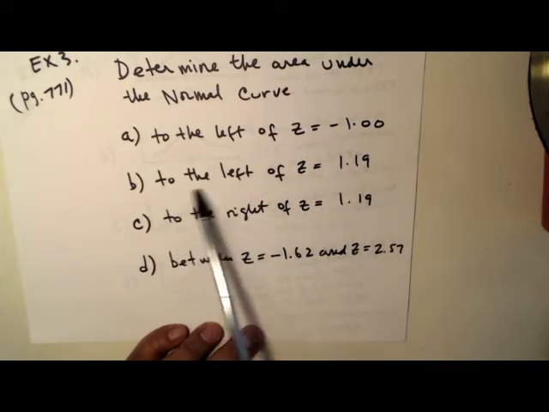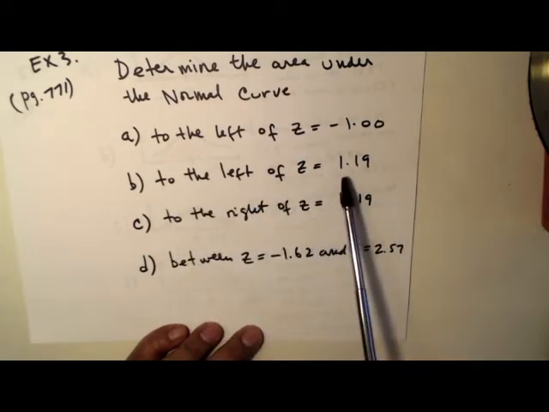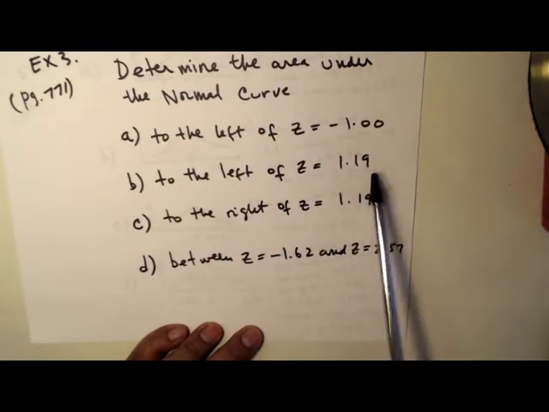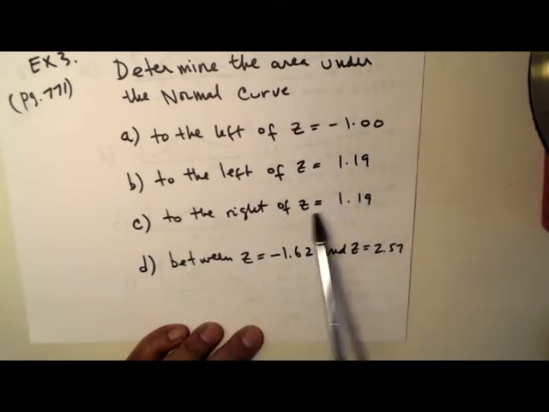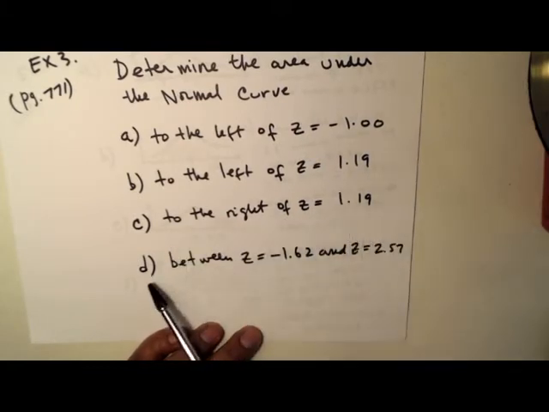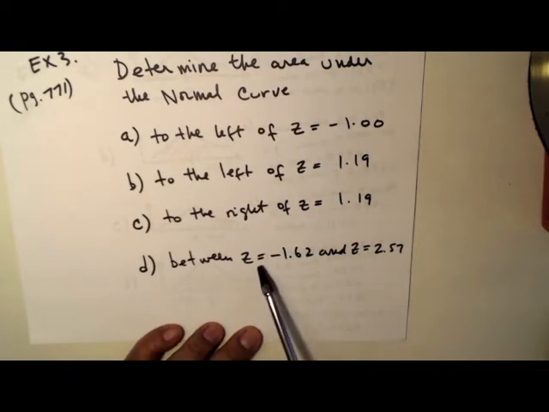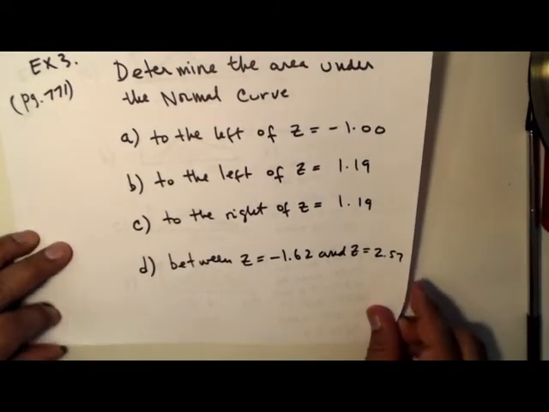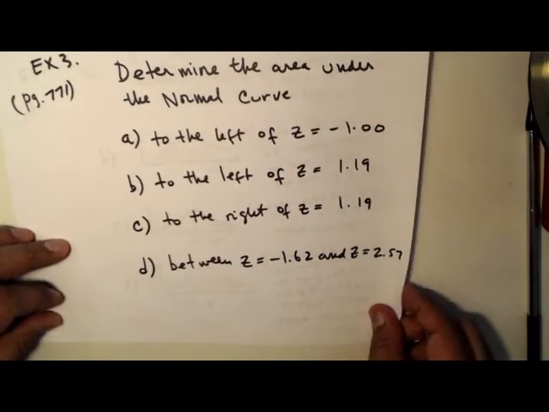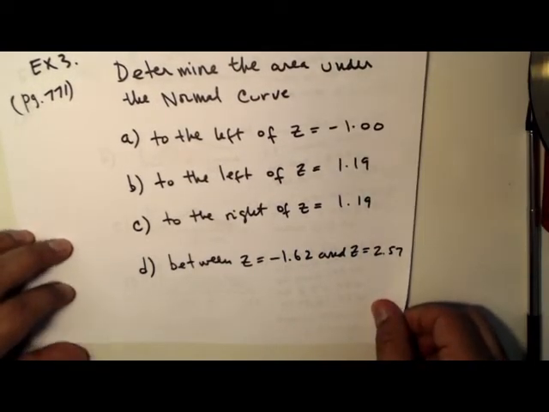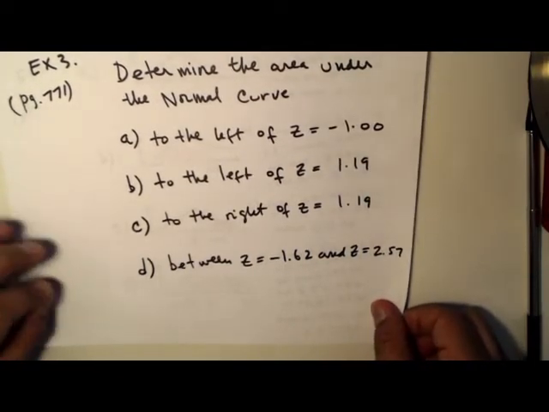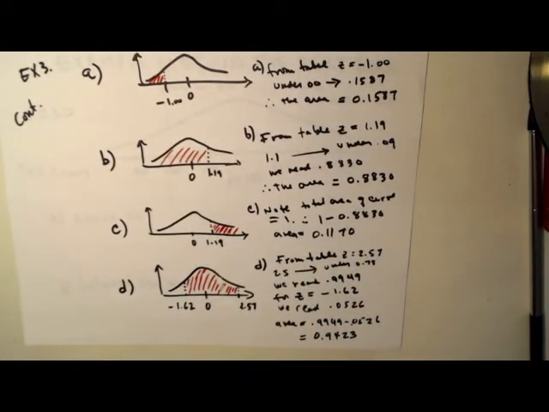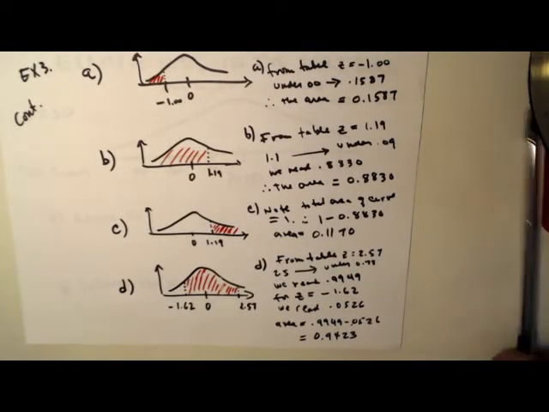B: to the left of Z equals 1.19. C: to the right of Z equals 1.19. And D: between Z equal to minus 1.62 and Z equal to 2.57. So that's the example that we're going to practice. This is an interesting problem that you need to pay special attention to. And here are the solutions.